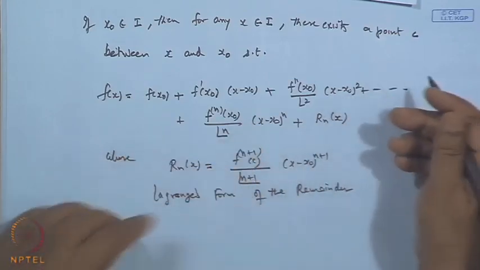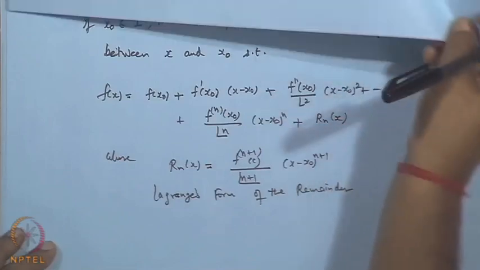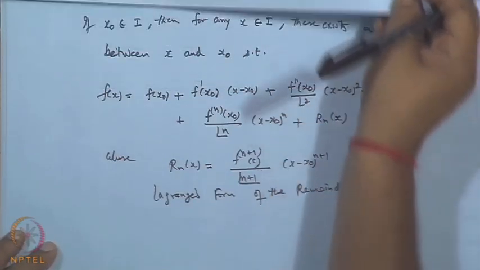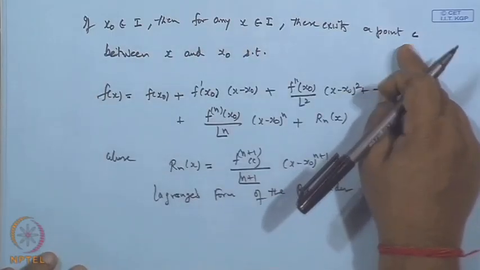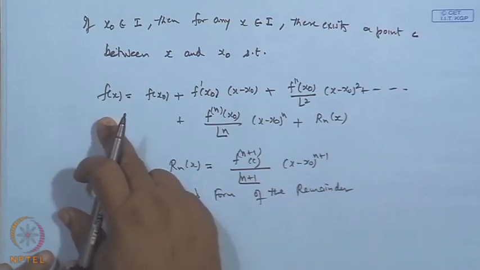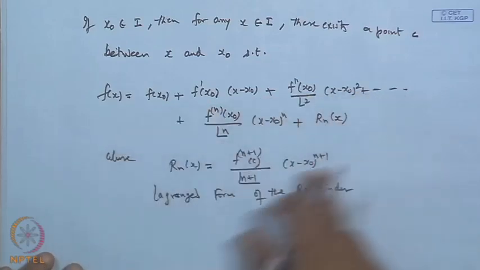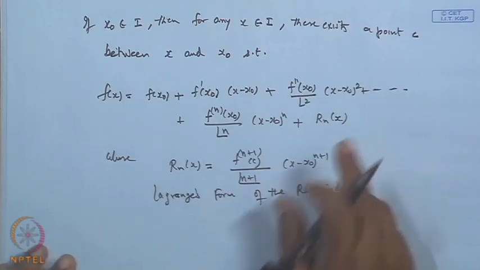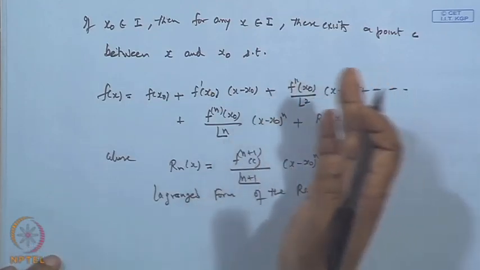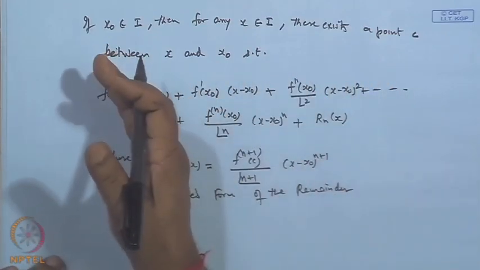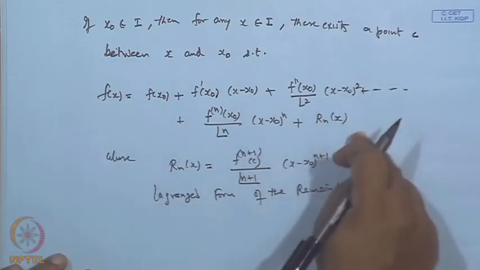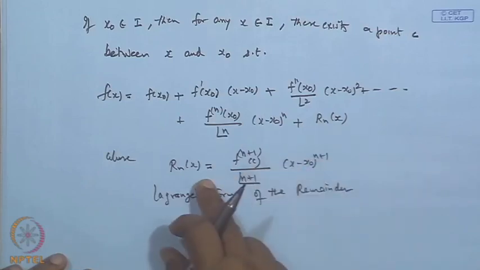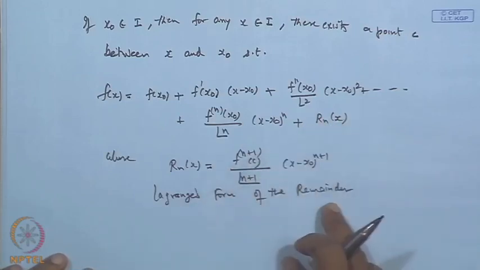Then there exists, in the open interval (a, b), of course, in the neighborhood of x naught, a point C where the expansion of the function f(x) can be written in the form of a series, where the first n terms of the series form a polynomial of degree n, and this last term is called the remainder term, and it is known as the Lagrange's form of the remainder.